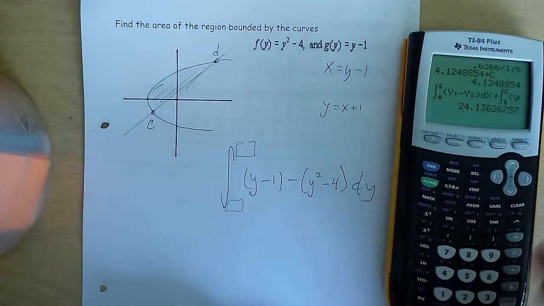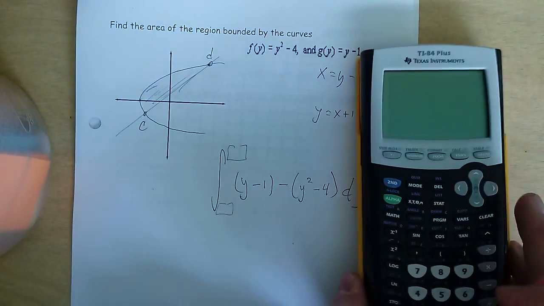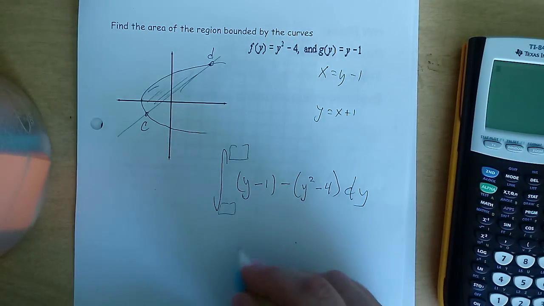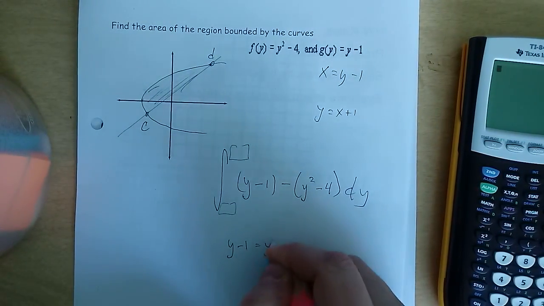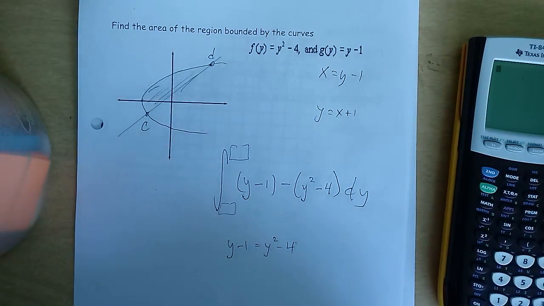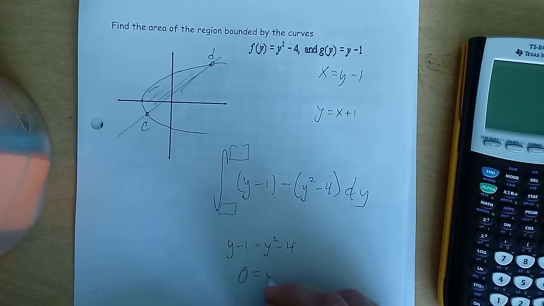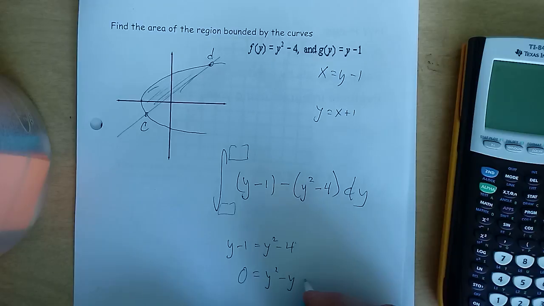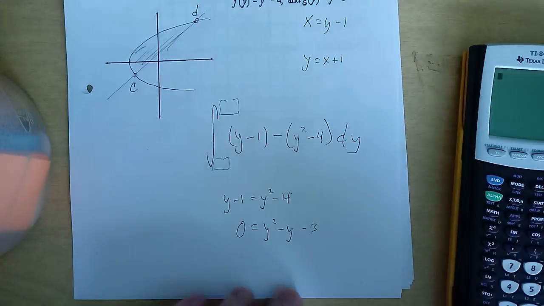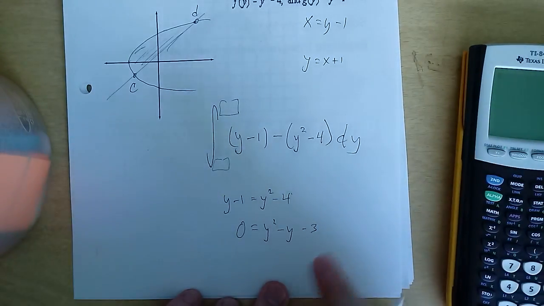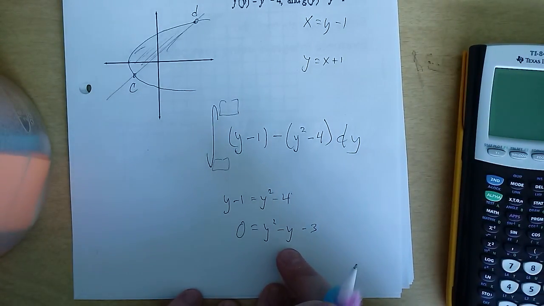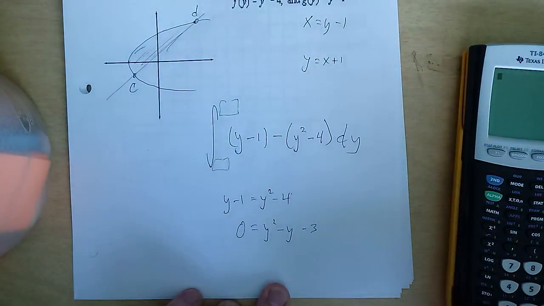So let's find these intersection points. This one I actually can do by hand. y minus 1 is equal to y squared minus 4. I can subtract the y and add the 1 and get y squared minus y minus 3. This doesn't factor. Womp womp.